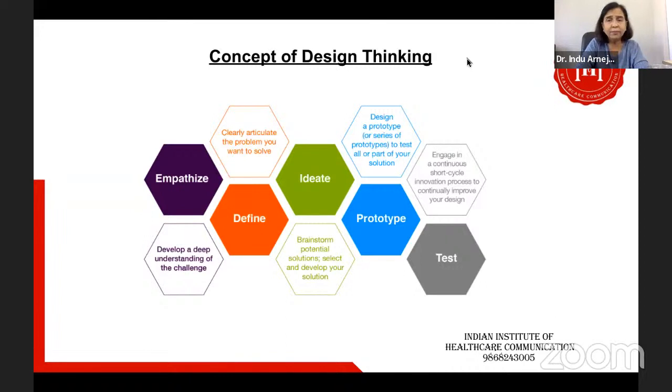The second step in design thinking is to clearly articulate the problem you want to solve. The OPD services that we visited at the beginning of this session as a process mapping or imaginary visit was to identify different areas. So you now have a list of areas wherever the problem lies.